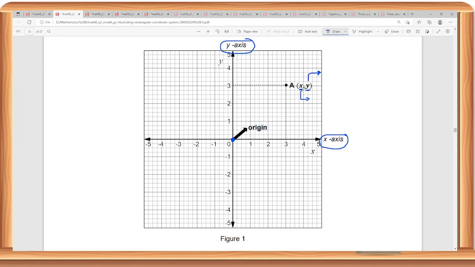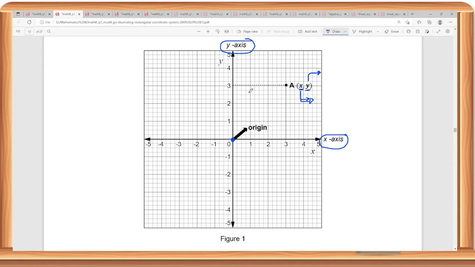The first one is always the x coordinate, and the x coordinate is the abscissa. Once again, the x coordinate is the abscissa, while the y coordinate is the ordinate.